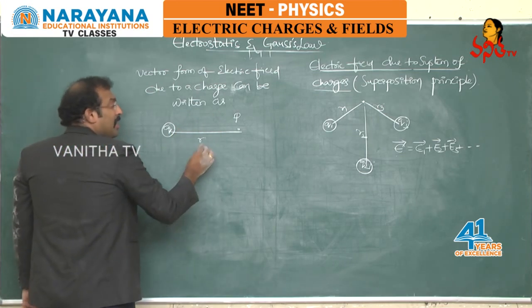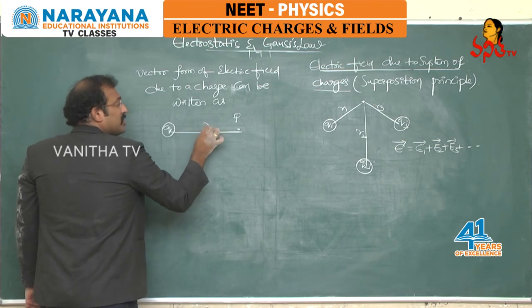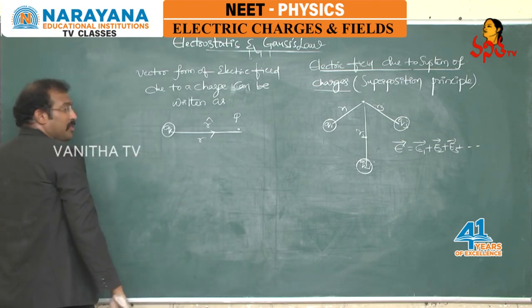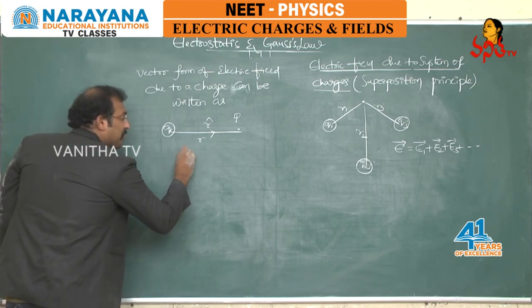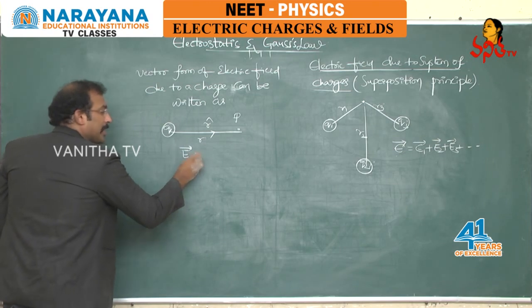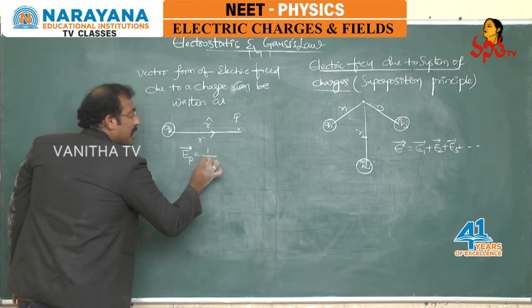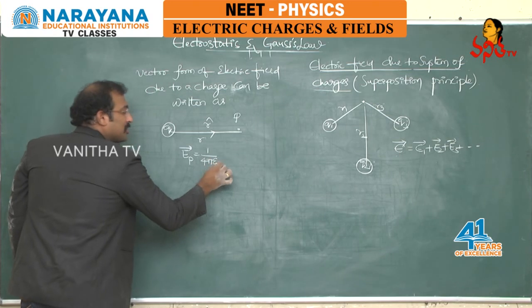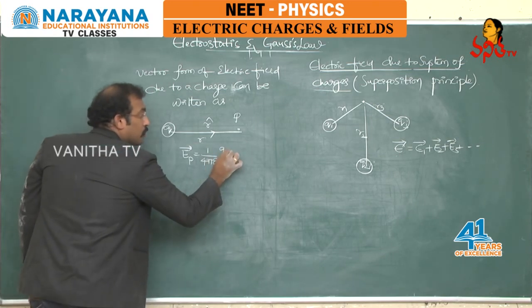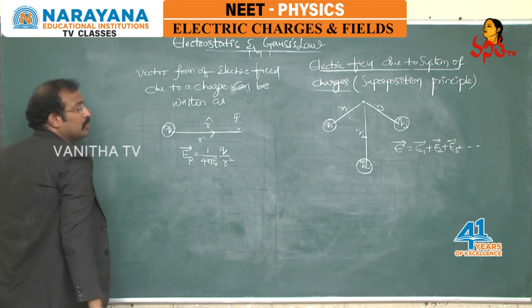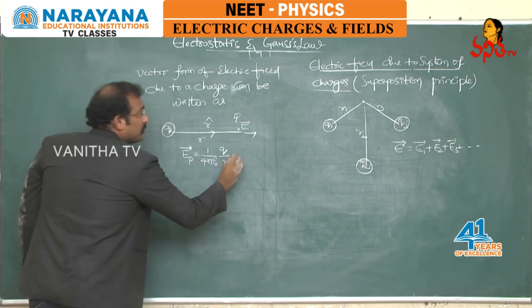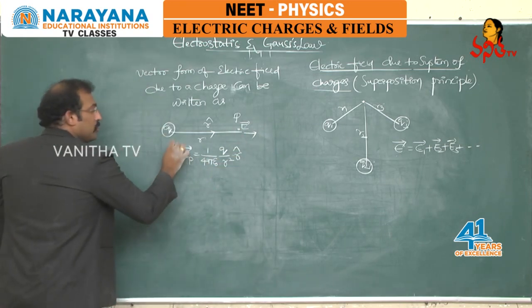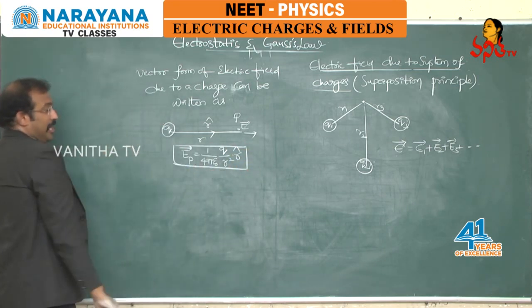Let the vector direction be r cap. Now the electric field at the point P can be written as 1 by 4 pi epsilon naught Q by r square into r cap, because the direction of the field is in this direction as the charge is positive. So this is the vector form of electric field.